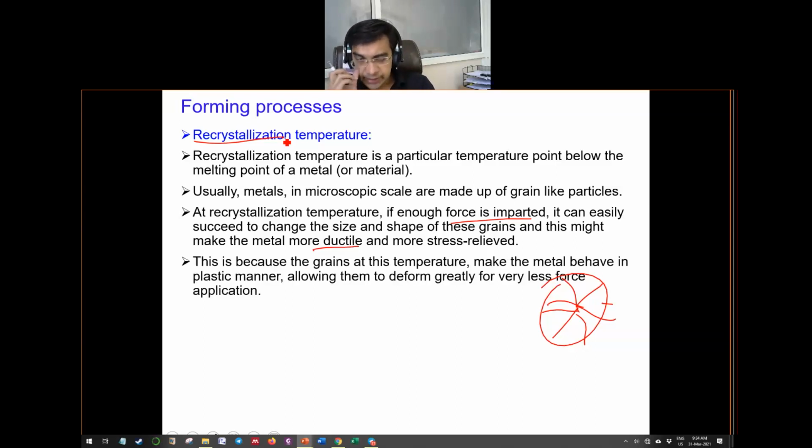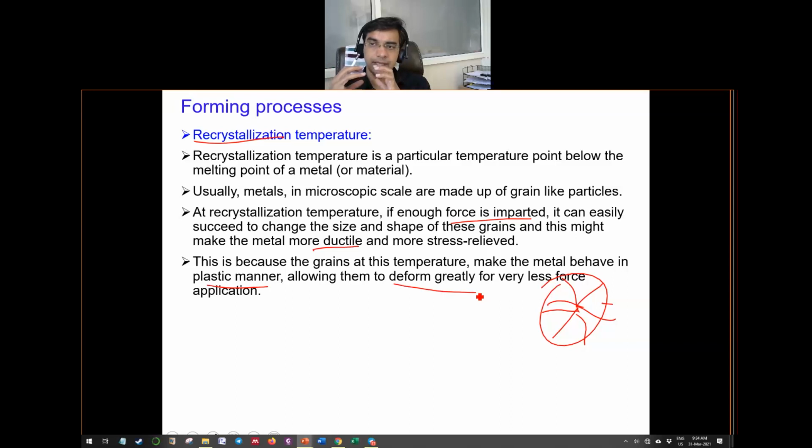At the recrystallization temperature, the material easily behaves in a plastic manner, which allows it to get deformed very easily with less application of force. So why are we so interested? Because we want to apply very little force, since the requirement of force is linked to the input energy.